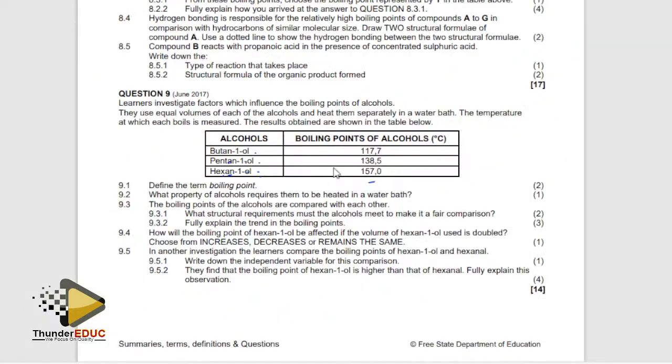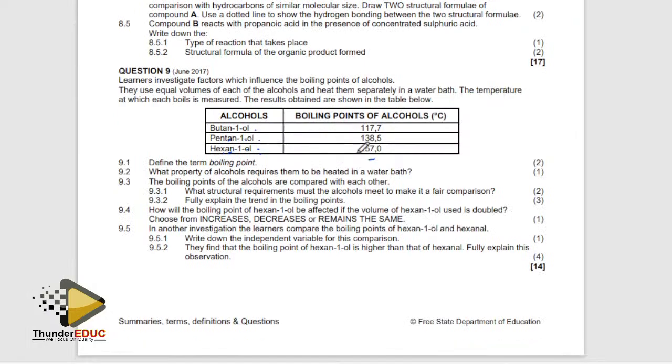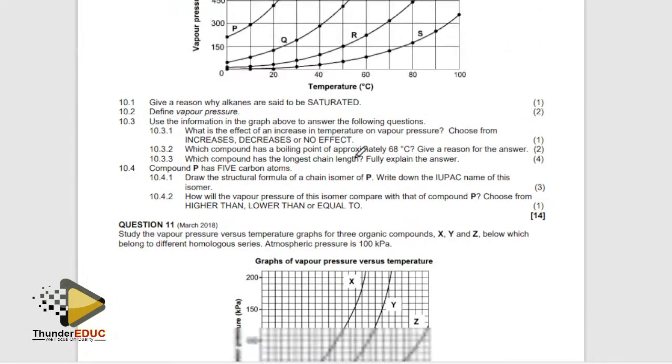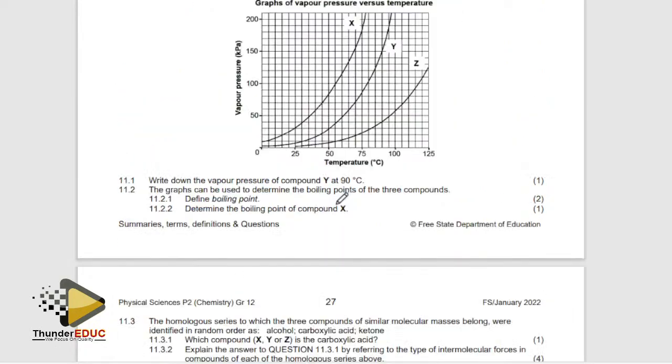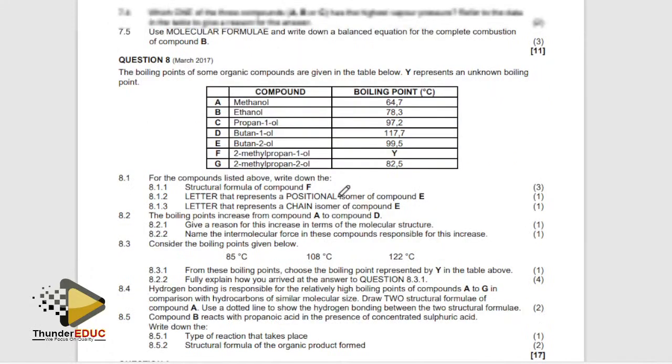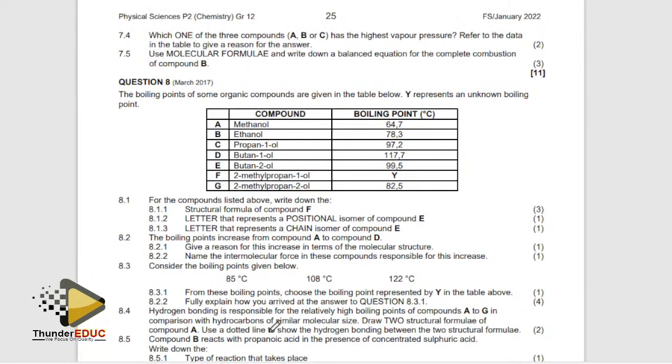Then if it is a functional group, let me see if there is one with different functional group. Saturated and unsaturated, okay. Define what's boiling point. Let's look at this. Then this one is methanol. All of them are the same thing, alcohol. But what is different here is still the number of carbon atoms.